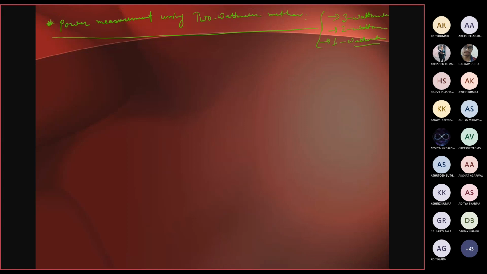But it has been observed that for a three-phase, three-wire system, whether it is balanced or unbalanced, star-connected or delta-connected, only 2 wattmeters are required to measure the entire three-phase power in a circuit, right? So this is the most popular method of measuring power in any three-phase circuit. Why?